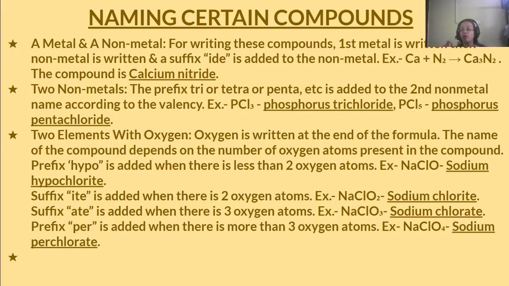We add this prefix to the middle one, chlorine, before oxygen, to represent how many oxygen atoms are present in that particular compound. So the name will be sodium hypochlorite. Next suffix is ite.